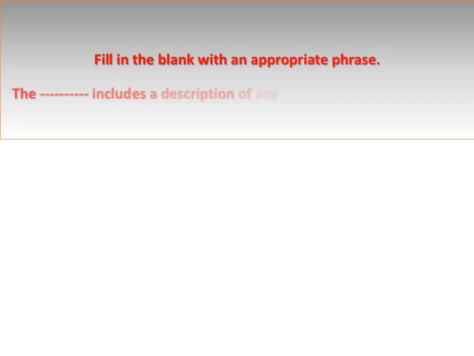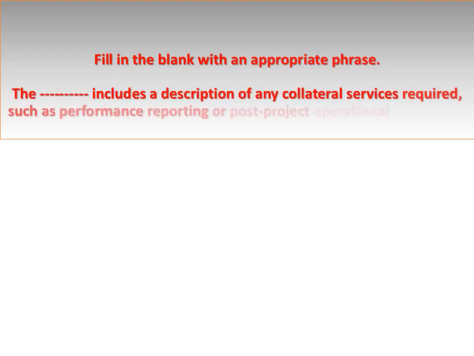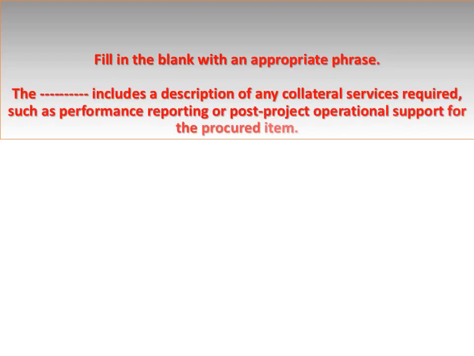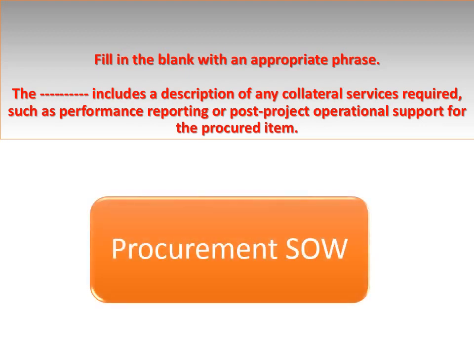Question number 13. Fill in the blank with an appropriate phrase. The blank includes a description of any collateral services required, such as performance reporting or post-project operational support for the procured item.